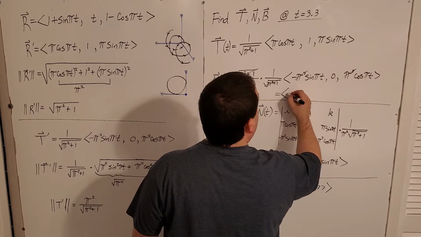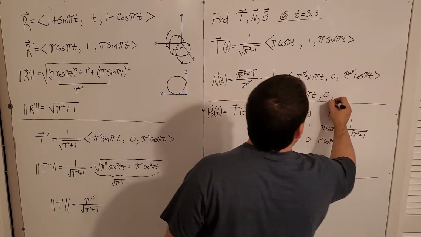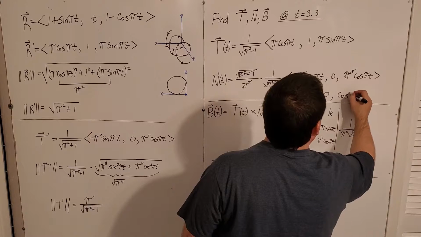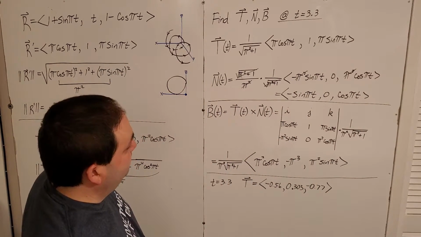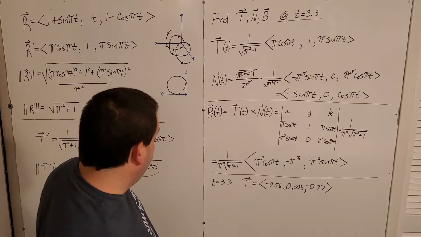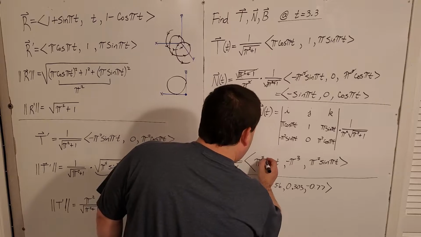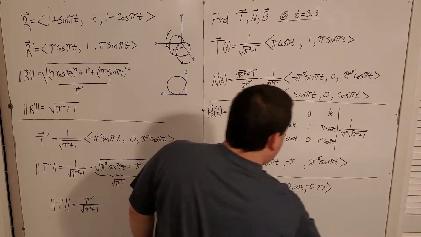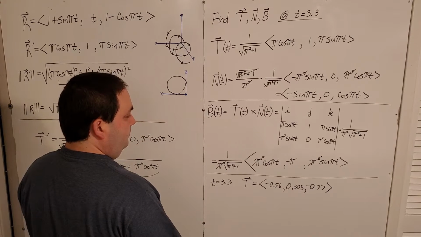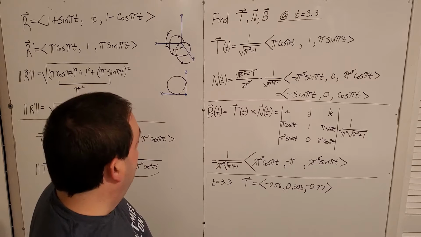So it's negative sine pi t, 0, cosine pi t, which makes sense, right? Because the length of that would still be 1. And the only thing that changes is I just forgot to wipe out here as well, which is going to take a pi squared. It's going to make this just pi and wipe that one out, right? Yeah. So it'll just be easier and quicker to plug in is all.